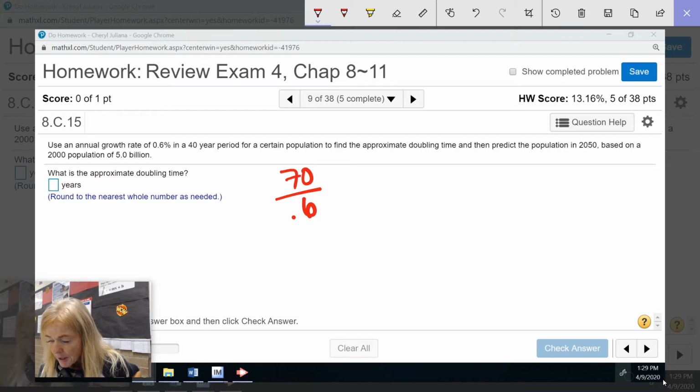Now I'm going to clear out my calculator and do these so that I have them on my calculator as we go. Rounding to the nearest whole number, we got 116.666, so we'll just do 117 years. The next part says predict the population in 2050.